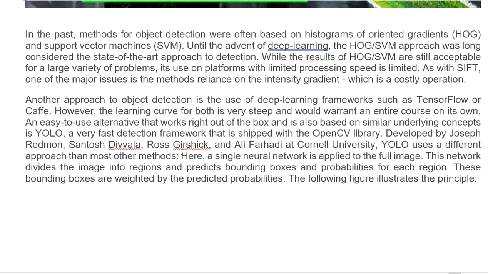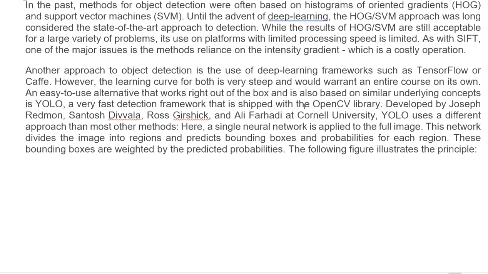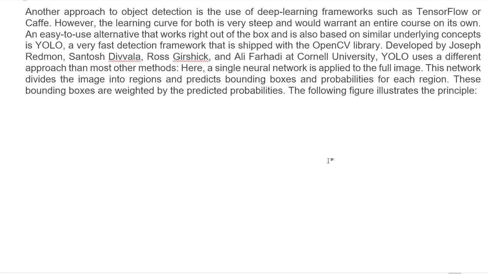And we have some other methods, like HOG and support vector machine, to detect the object. You can also use TensorFlow or Caffe to detect the object. But today we use a different approach, YOLO.